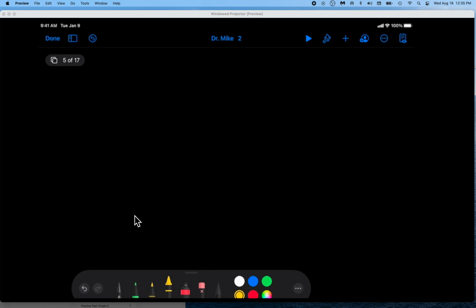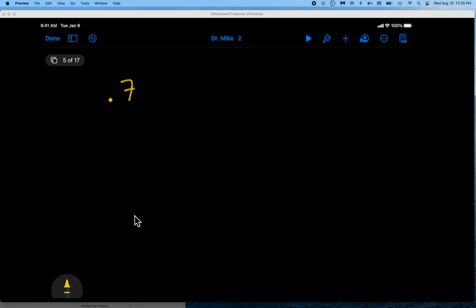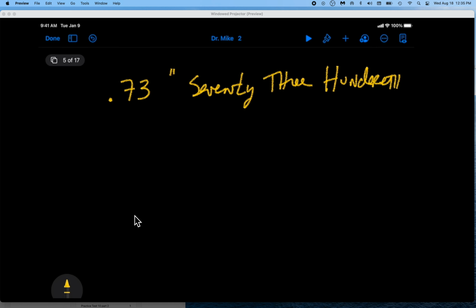How would you pronounce this? You would pronounce this as 73/100ths. The place value furthest to the right is hundredths. That goes in the denominator. 73/100ths.